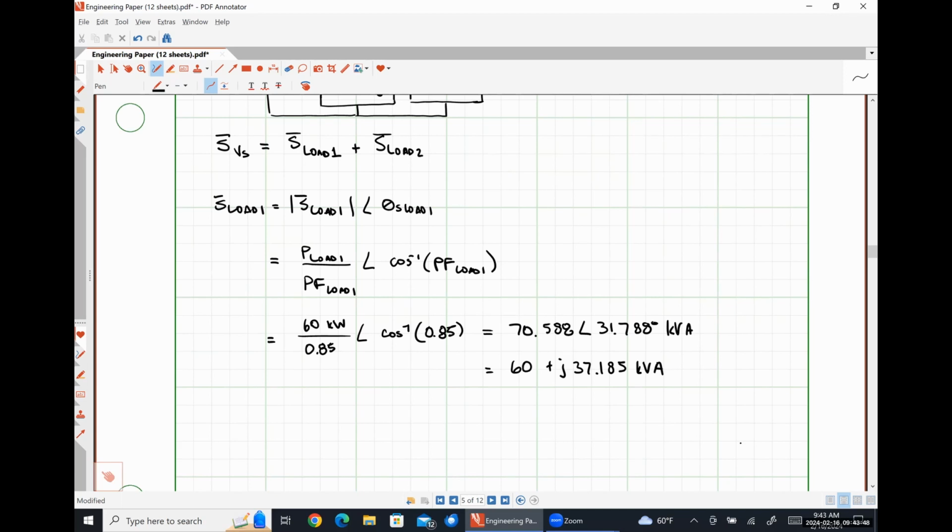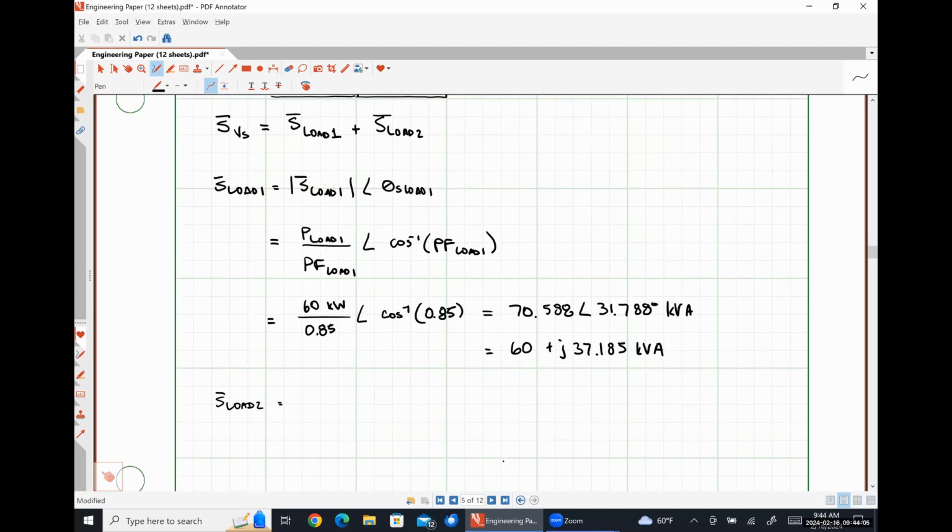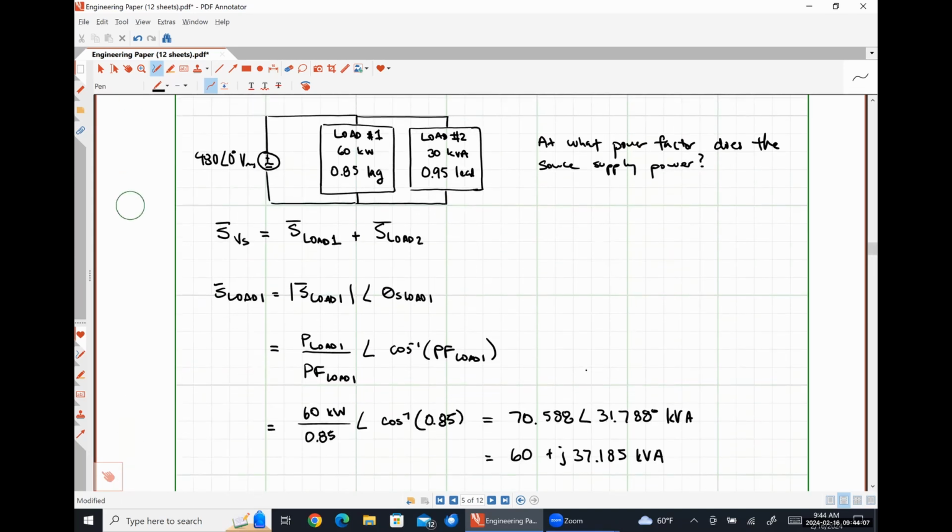All right, so let's figure out what the complex power absorbed by load 2 is. So how do you think we're going to do it? Let me ask you a slightly different question. Because we're told that load 2 absorbs 30 kVA, what power were we given there?